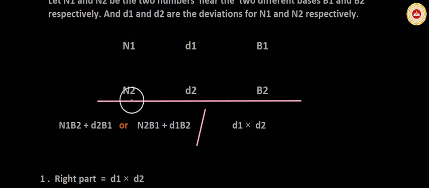n1 is the multiplicand here and n2 is the multiplier, correct? So now what is the right part? It is the product of d1 and d2, the deviation d1 for the multiplicand and d2, the deviation for the multiplier. So d1 multiplied by d2, write this product in the right part. What is the left part? The left part is n1 b2 plus d2 b1.